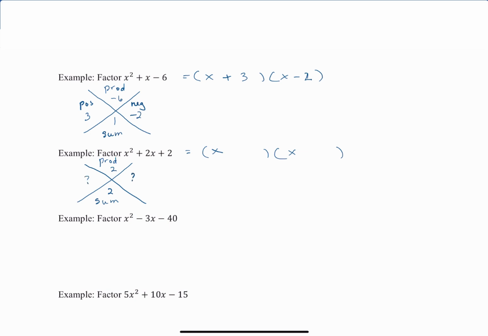To have the product be 2, the only possibility is a 2 and a 1. But a 2 and a 1 are going to add up to 3, not 2. So there are no two numbers I can find that will multiply to be 2 and add up to be 2, which tells us that no factorization is possible.